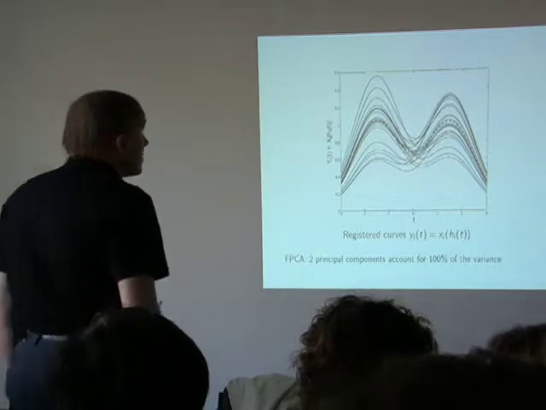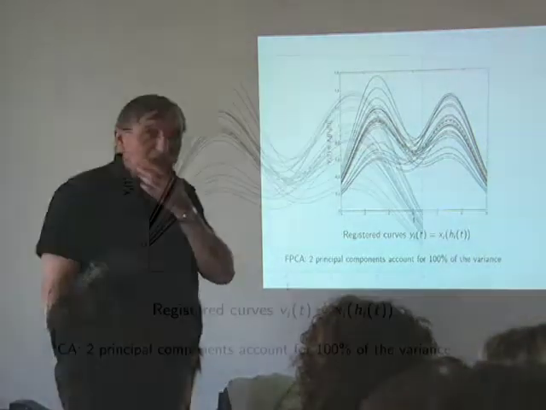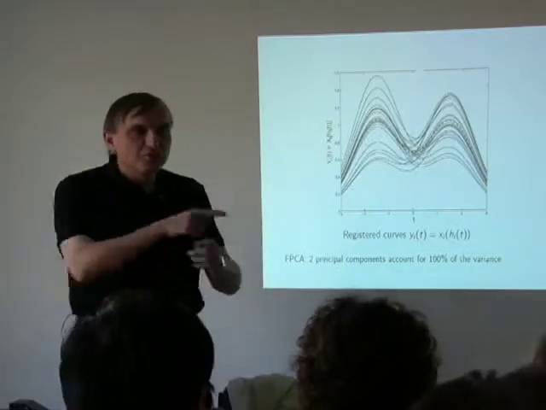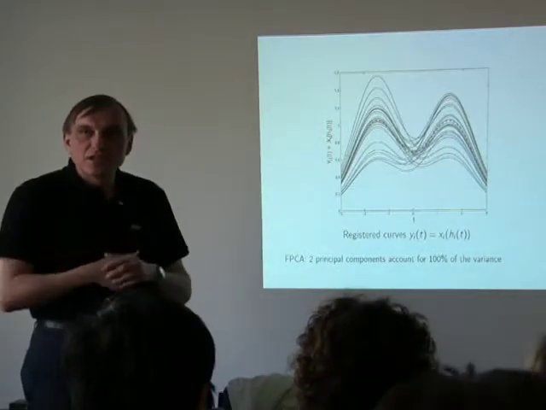This is, for example, the registered curves. There you see there's still variation in this vertical direction, amplitude variation, but these peaks are quite well aligned. And in this case, for this registered sample, the principal components account for 100% of the variance. They're just generated by the two principal components which are shifted in time.